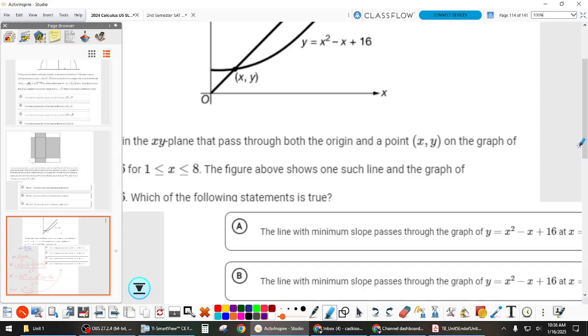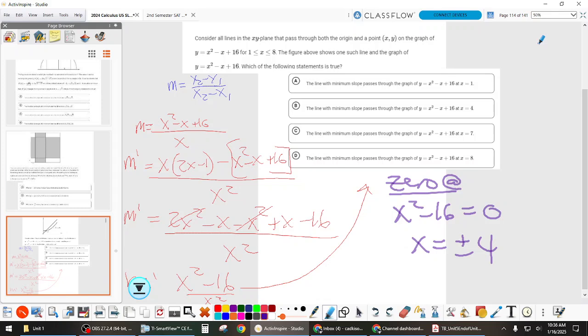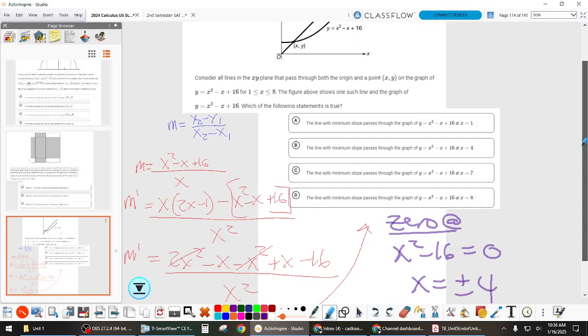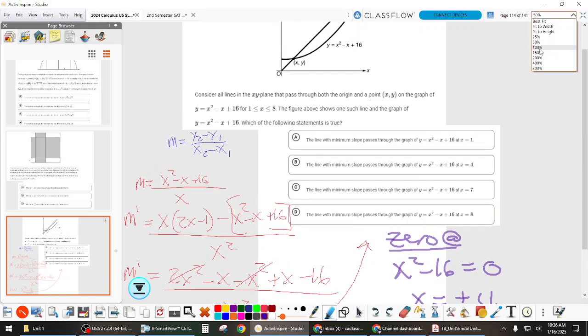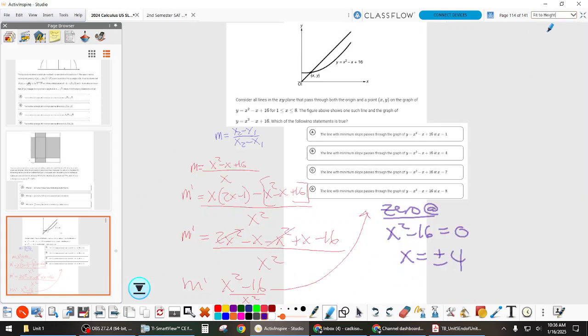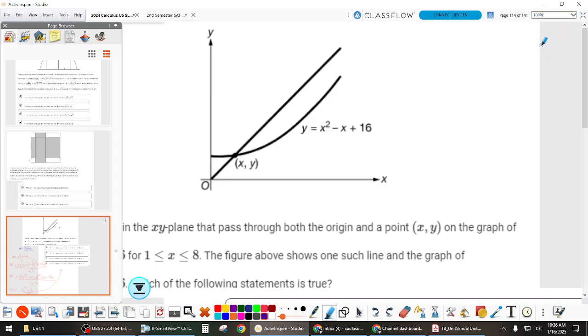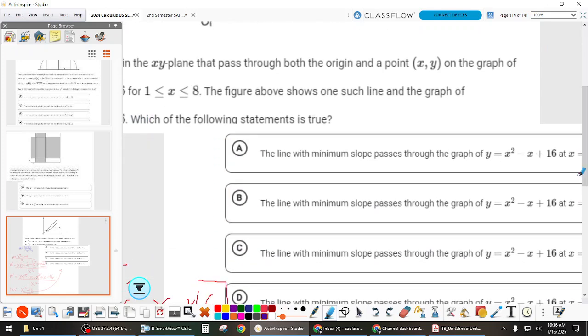All right, so we're looking on the interval from 1 to 8, so we don't care about the negative 4. So it's just going to work. The slide is really weird. It's just all sorts of weird shapes. I'll just have to scroll for our answers. Sorry about that. Now it doesn't give me a scroll bar.